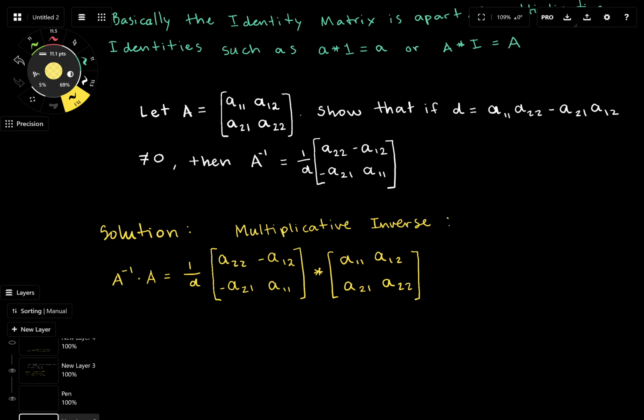1 over D times the matrix A sub 2,2, negative A sub 1,2, negative A sub 2,1, and A sub 1,1, times the matrix A sub 1,1, A sub 1,2, A sub 2,1, A sub 2,2.